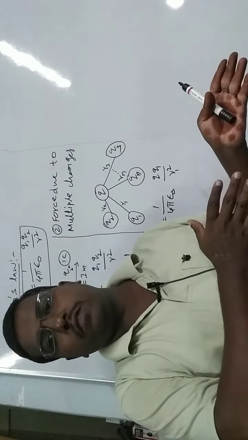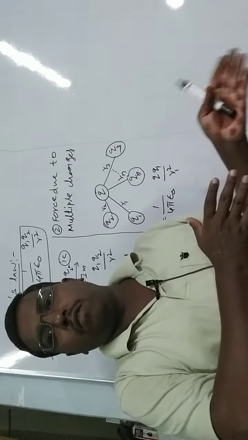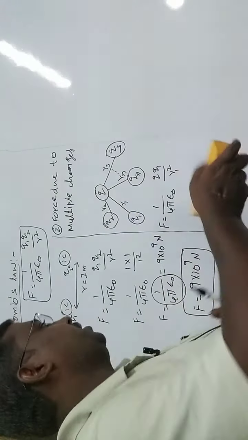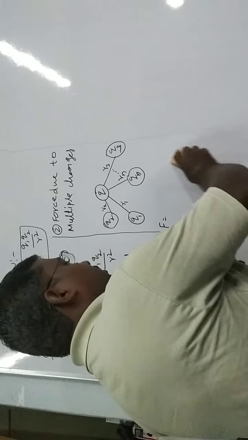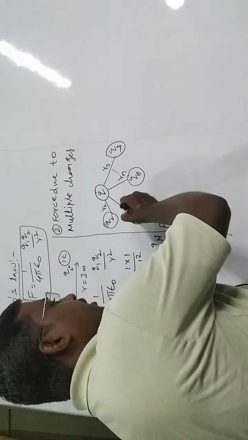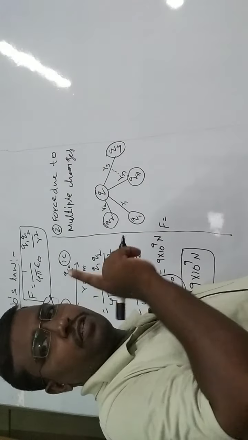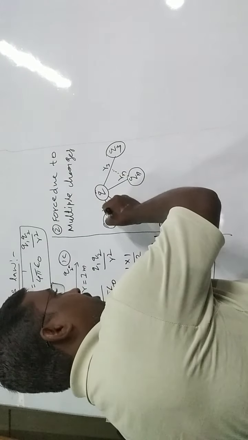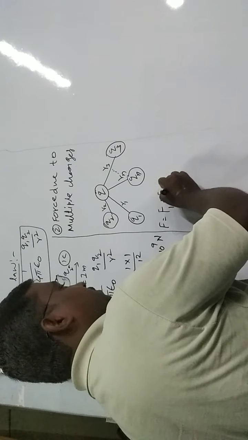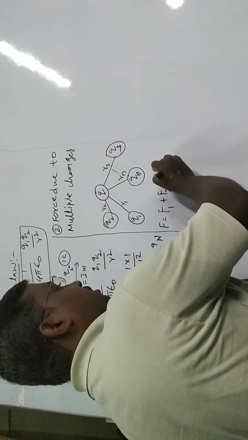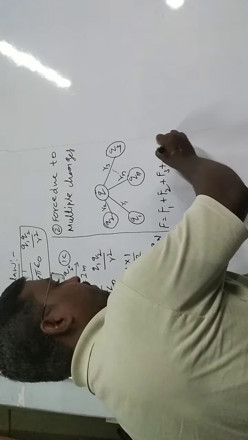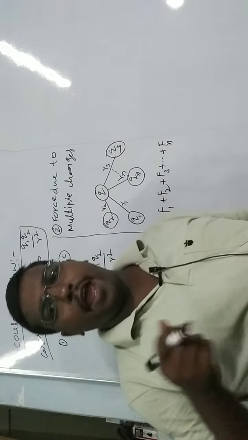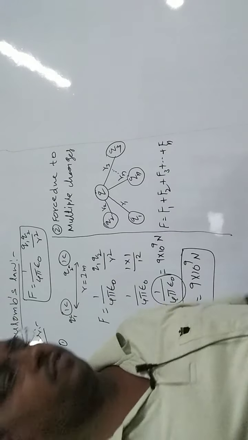Similarly, for this charge also we add all the forces. First the force of attraction or repulsion between the first charge is F1, next F2, that is between Q and Q2, next F3, plus and so on, finally plus Fn. So all forces are added in vector notation.